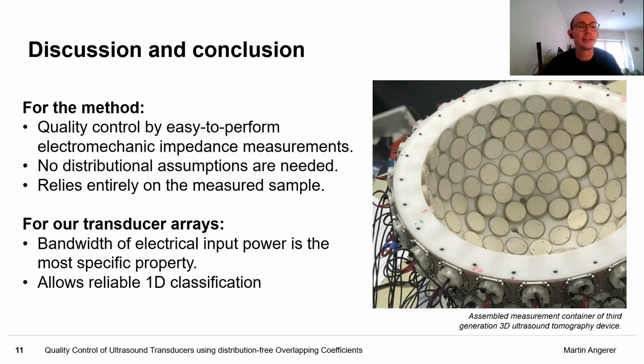So it relies entirely on the measured quantities. This, on the other hand, bears the necessity to be really sure that the measured samples are representative for the population. In our case, the bandwidth of the electrical input power was found the most sensitive and specific property for quality control, or for one-dimensional quality control.